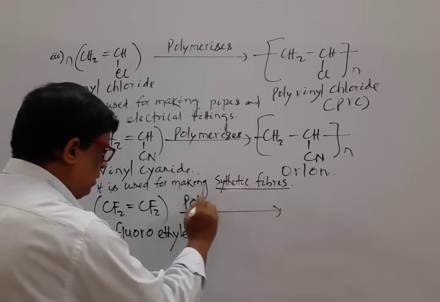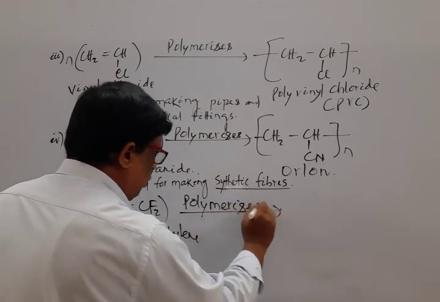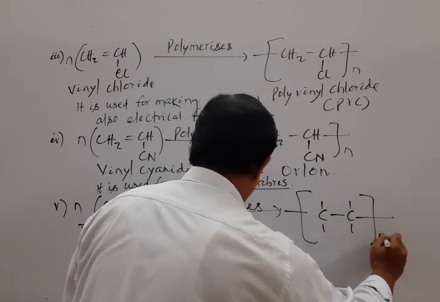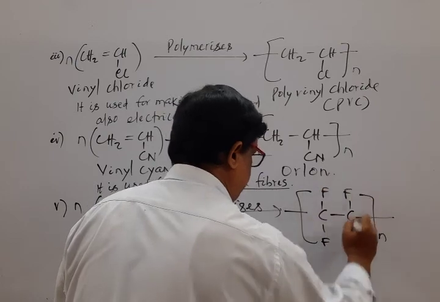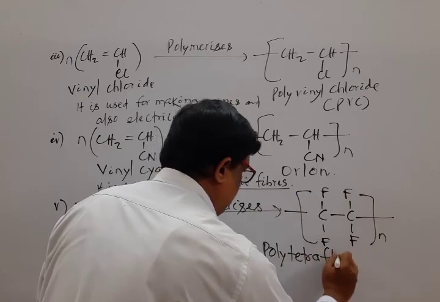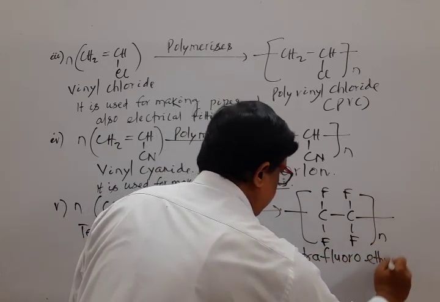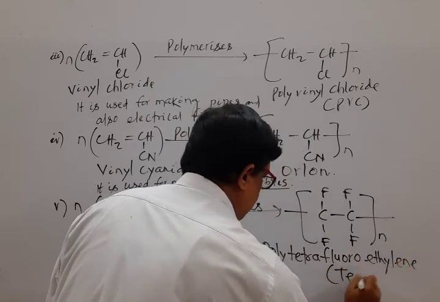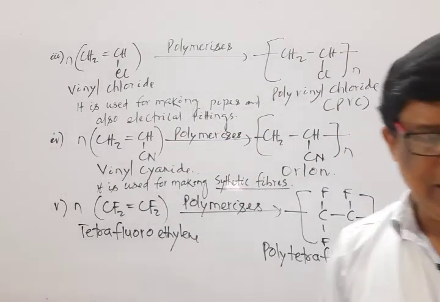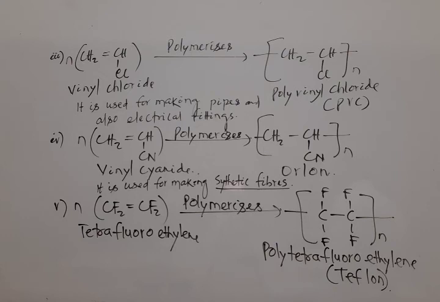When it polymerizes to form polytetrafluoroethylene, otherwise it is also known as Teflon. Here monomer is tetrafluoroethylene and polymer is polytetrafluoroethylene or Teflon. It is used as an insulating material for electric motor, transformer, cables.